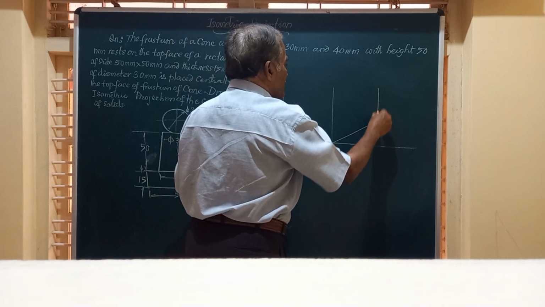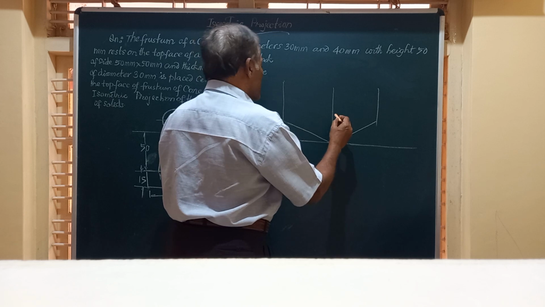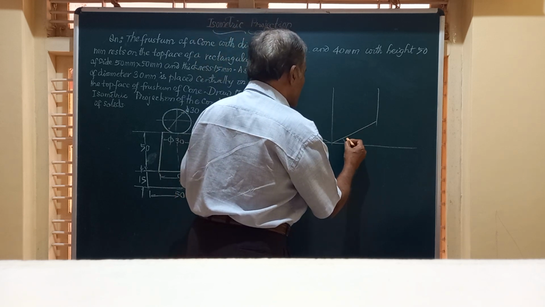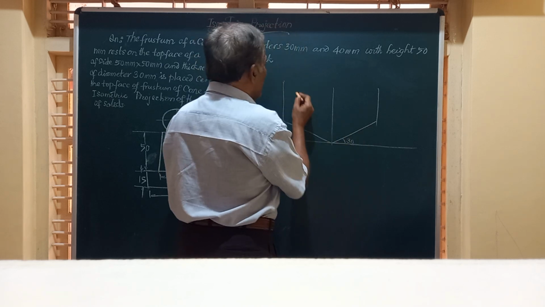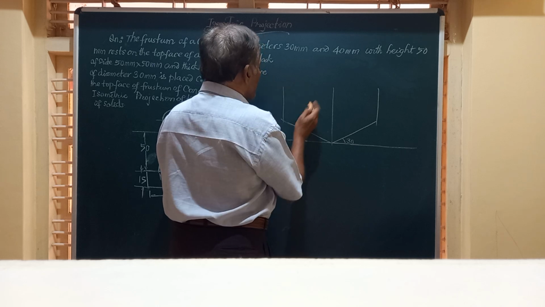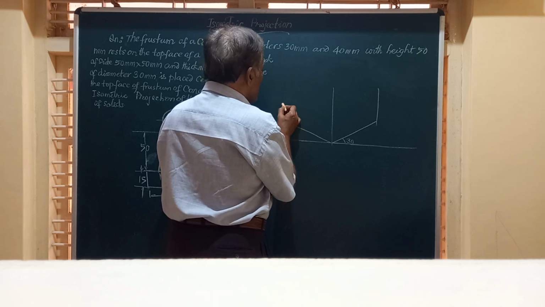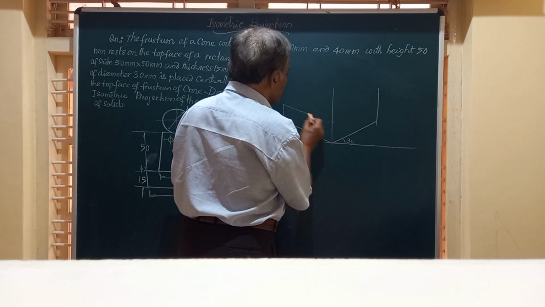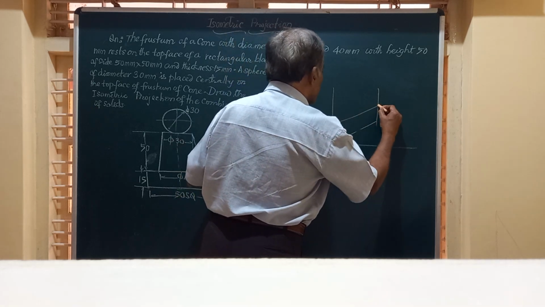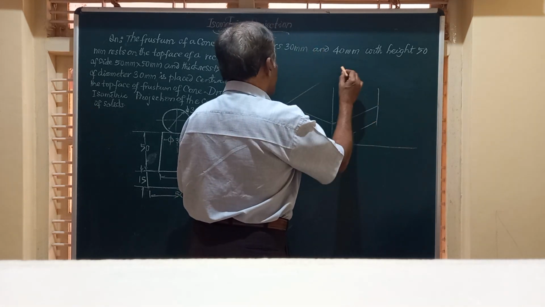This is 15 by 15. Since it is at an angle of 30 degrees and it is a square, let's see, 15 we should take first of all. So 15 from here, 15 on this side, and again 15 here.